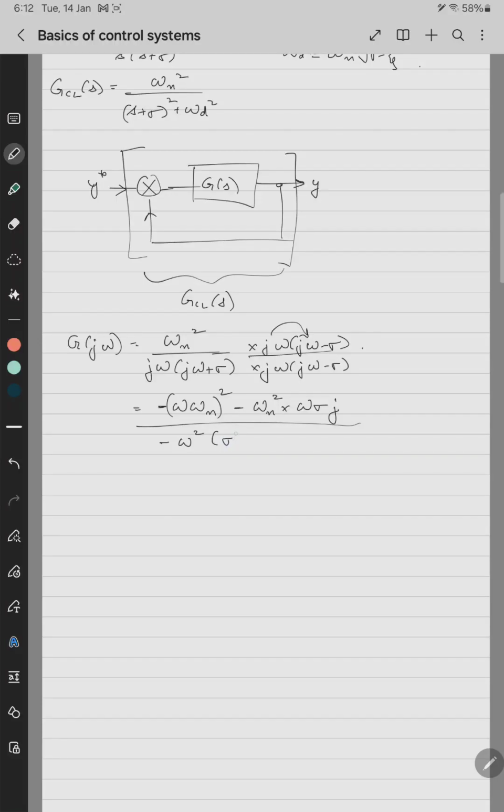It will be a square minus b square, sigma square plus omega square. So what happens? The minus will get cancelled, so it will be omega n square plus sigma omega n square j divided by omega square into sigma square plus omega square.